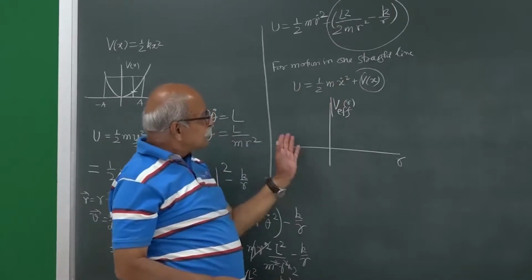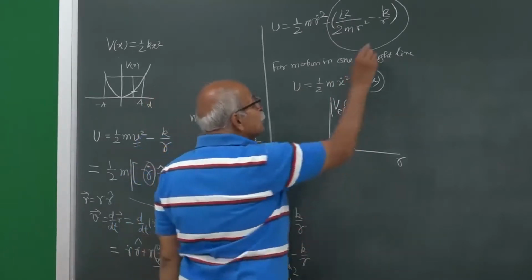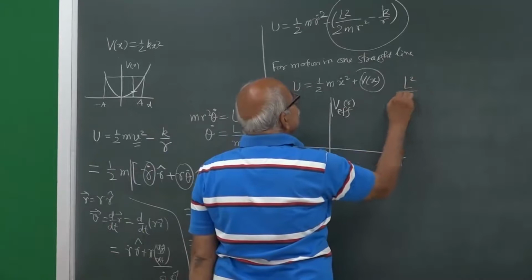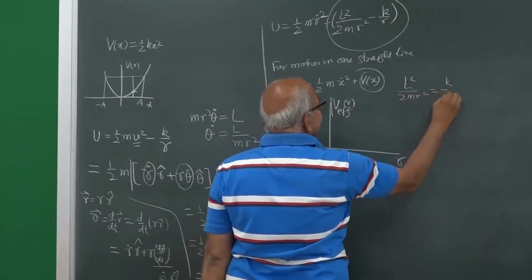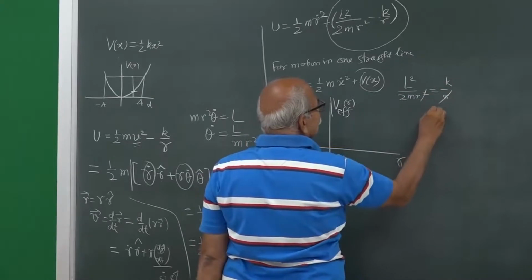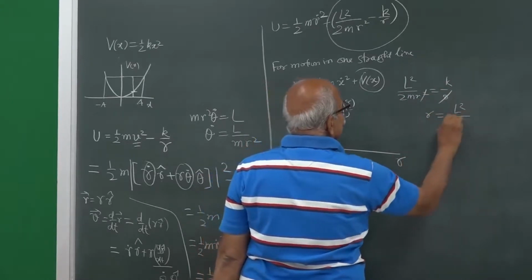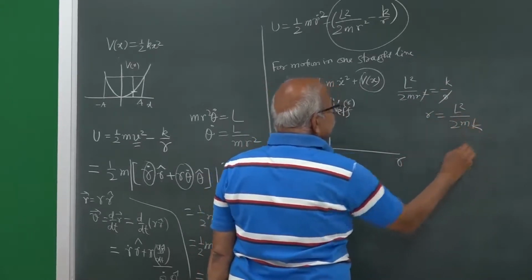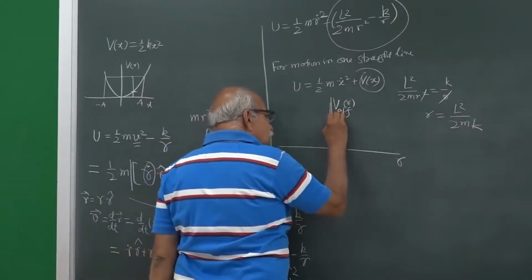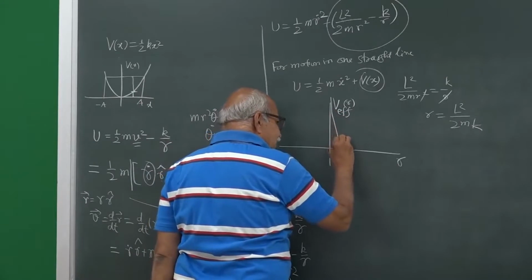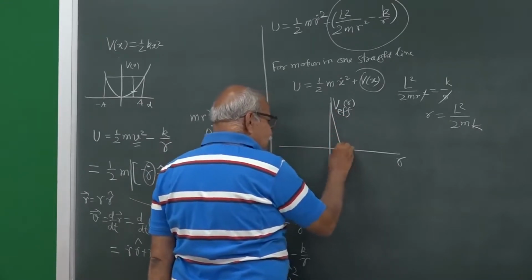and then it will come down, and at some value, which value? L square by 2 m r square is equal to k by r, so r is equal to L square by 2 m k. At this value, this whole quantity is 0. So, it will cross the r axis somewhere here.